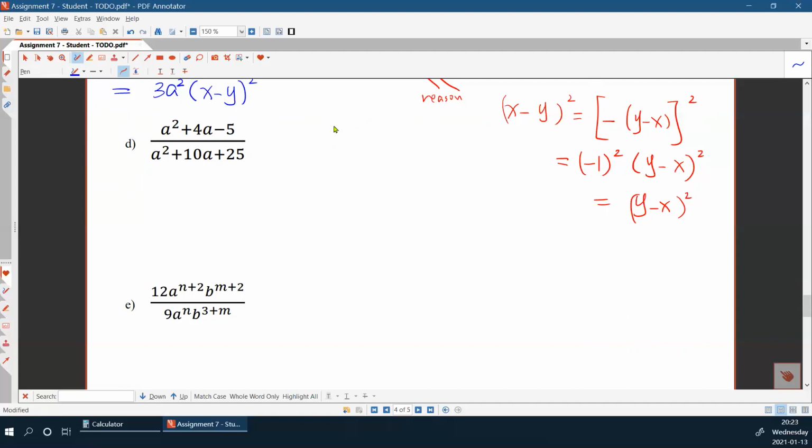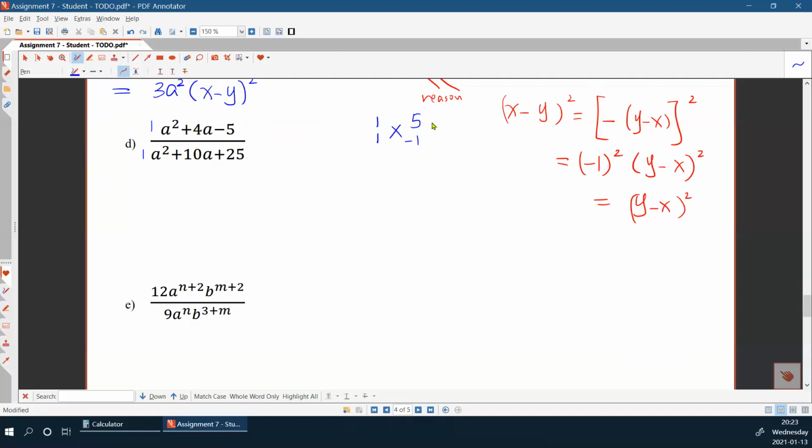So the first, for the numerator, try the cross product method, okay? 1a squared, 1 can be decomposed to 1 and 1. Minus 5 can be factored to 5 and minus 1.